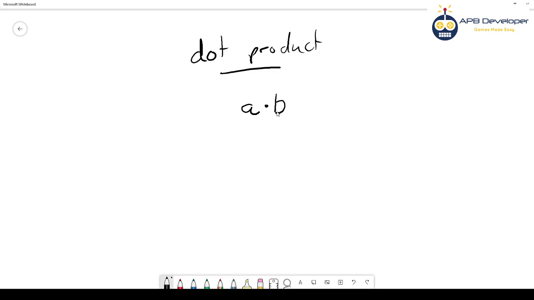The dot product. These would be vectors, 2D, 3D. It works in pretty much any dimension. So we'd say the vector A dot B is equal to the length of A times the length of B times the cosine of the angle, theta.